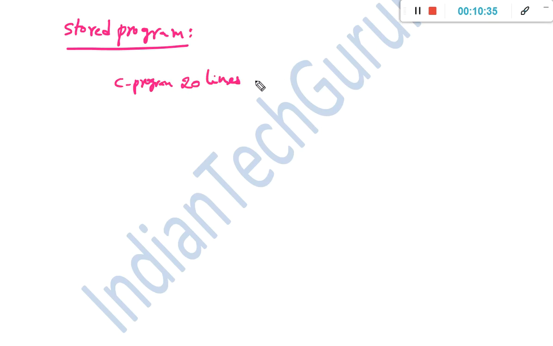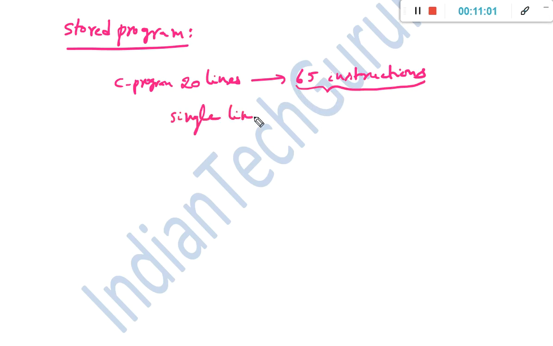These 20 lines may be converted into 65 instructions which are understood by the specific computer system. Already we have seen how we converted a single line of code, C is equal to A plus B, into 4 instructions.